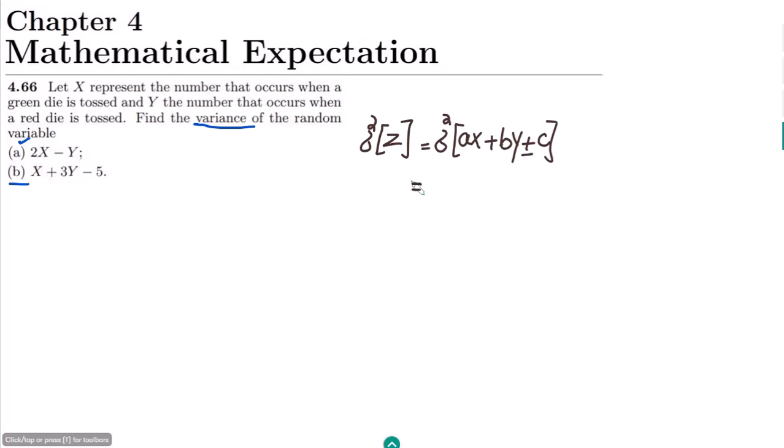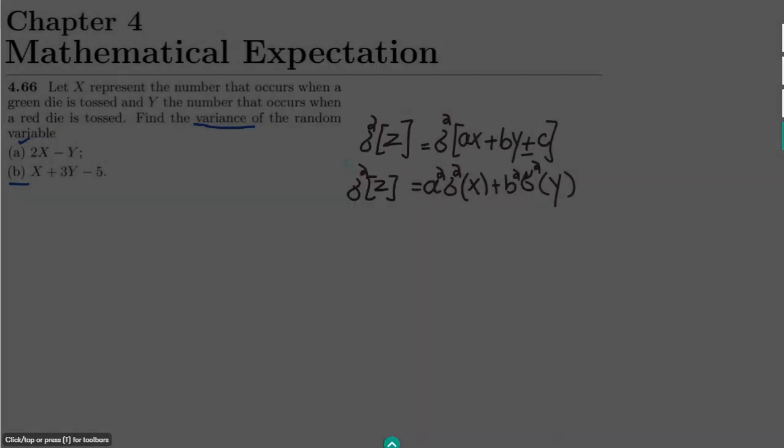So it will become a square variance of x plus b square variance of y, and this c is basically neglected, and this would be the variance of z.